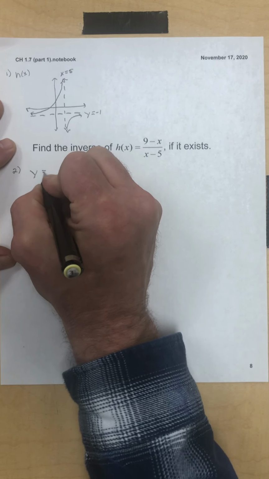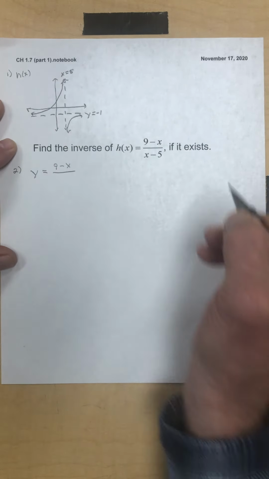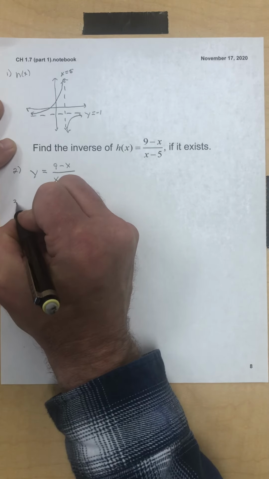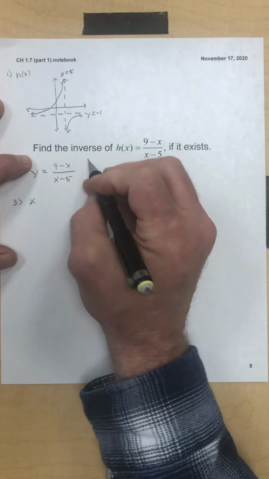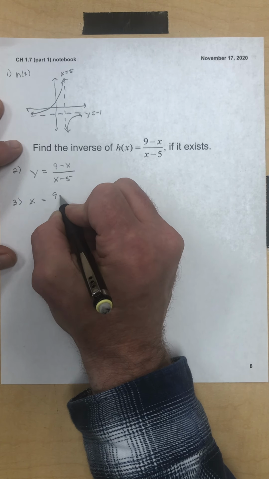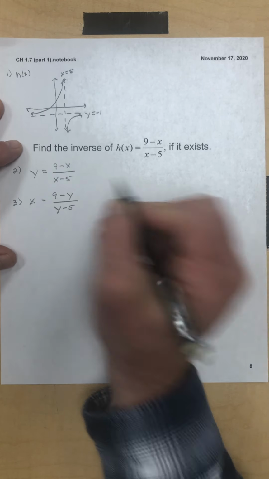So we go y equals 9 minus x over x minus 5. Now we switch the x's and y's. So this y becomes an x, and both of these x's become y's. So I get x equals 9 minus y over y minus 5.